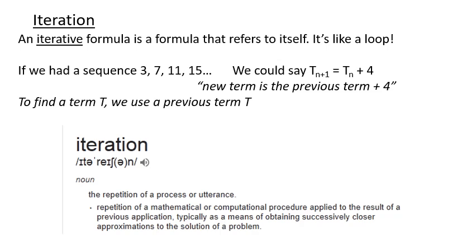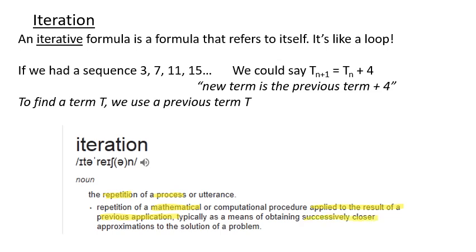Here's a dictionary definition of the word iteration, and again it refers to this repetition of a process. It also mentions, in a mathematical scenario, the repetition of a mathematical procedure which is applied to the result of a previous application, typically as a means of obtaining successively closer approximations to the solution of a problem.